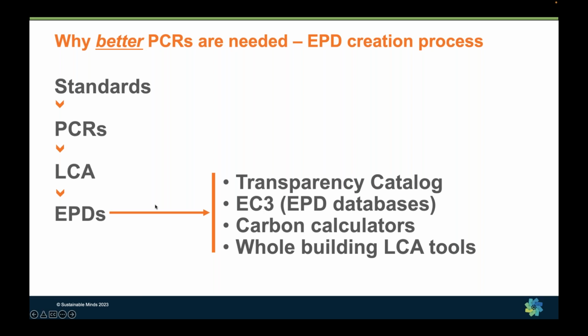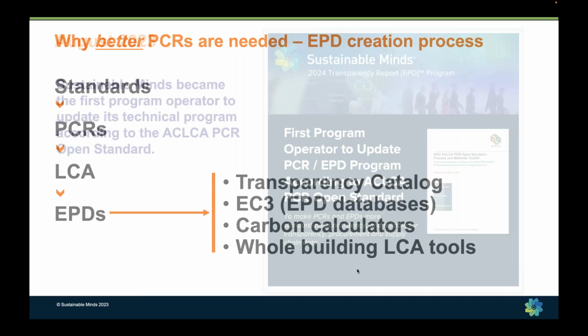And then EPDs are going into the transparency catalog, EC3, and other EPD databases, carbon calculators, whole building LCA tools. So it's all interconnected. And you're going to see, Michaela is going to speak to the problems that they encounter from EPDs not made with good PCRs.